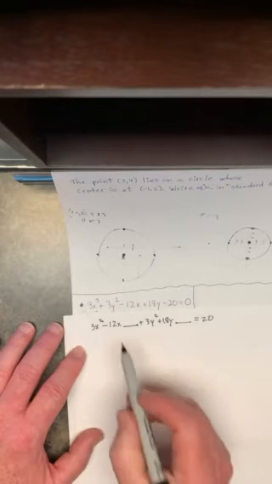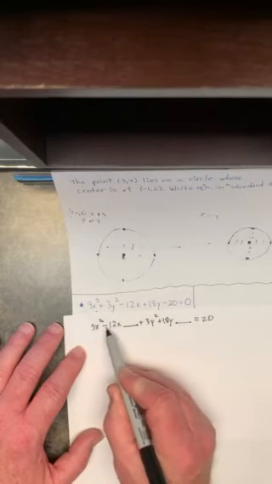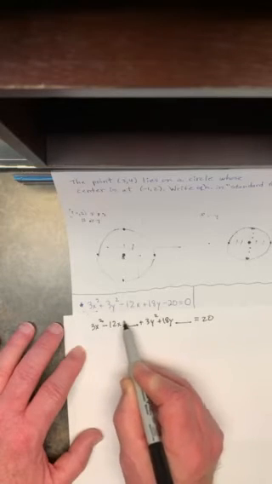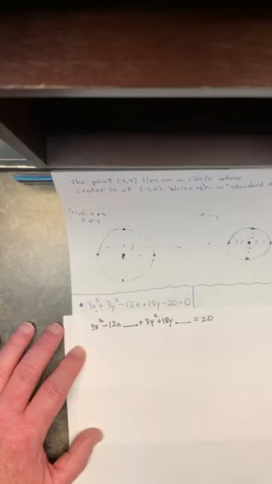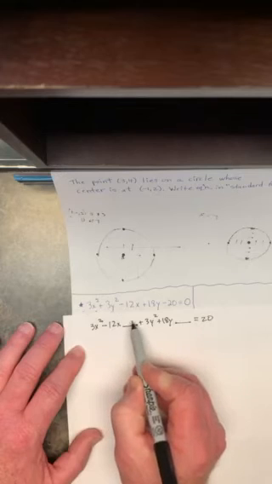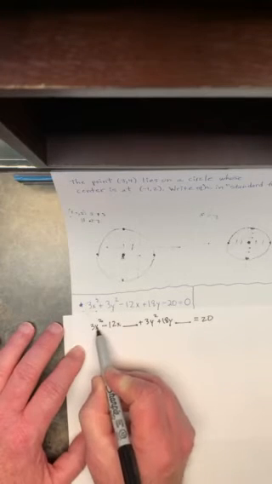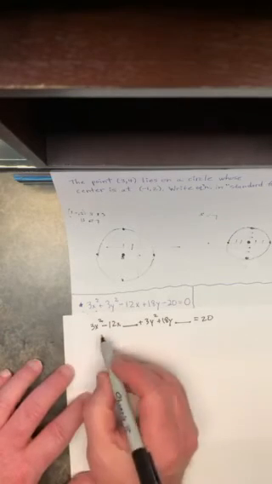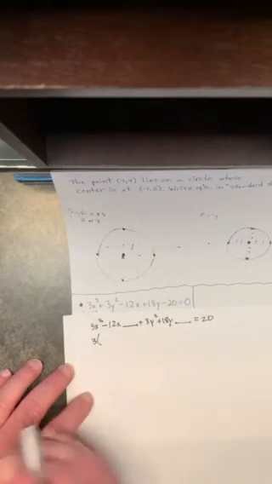Now, I hope it's obvious to you that if I've got 3x squared minus 12x and a blank space, aren't we going to use that technique we've been taught in our past called completing the square? But if you remember on that technique, you're not allowed to complete the square when there's a number or a coefficient in front of your x squared. So in this first group, I'm going to factor out a 3.